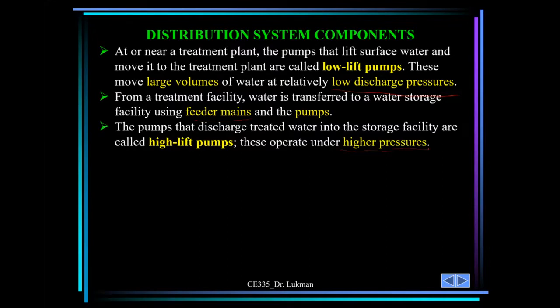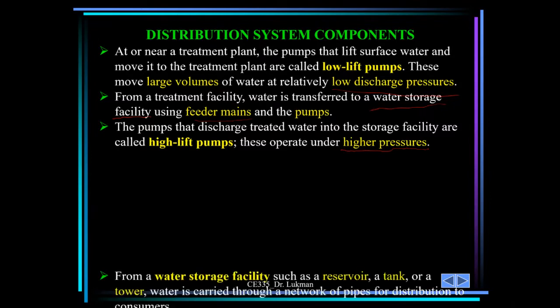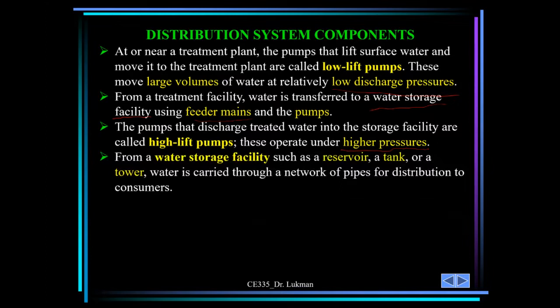Usually the water storage facilities are at a certain elevation, sometimes at an elevated position in the town, so you need high pressures. Okay, high pressure pumps. So here we use high lift pumps. And the design considerations for the high lift and low lift pumps were already covered in chapter 1. Okay.